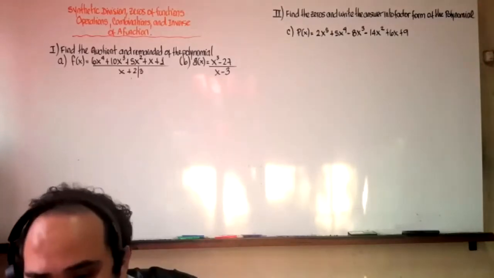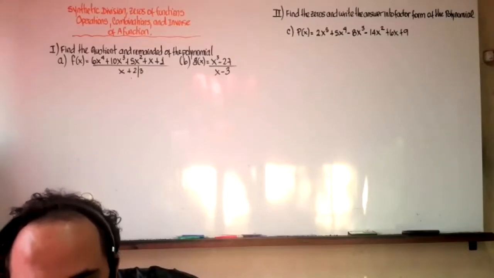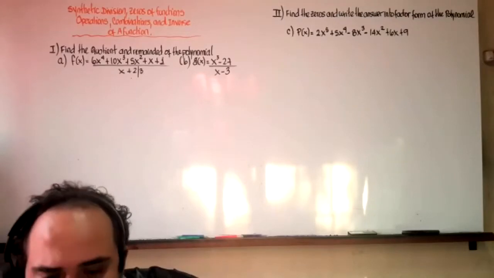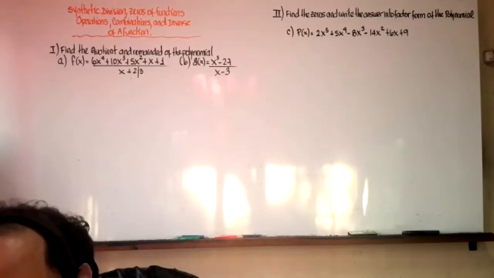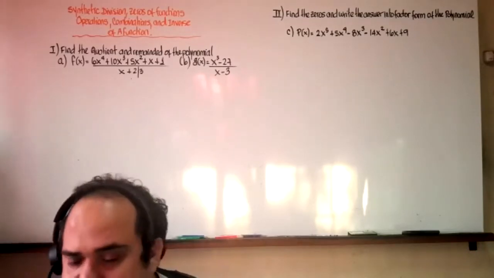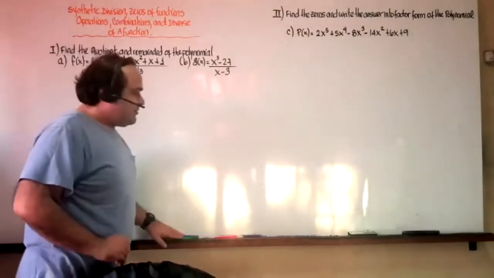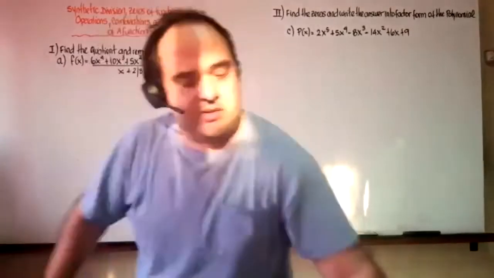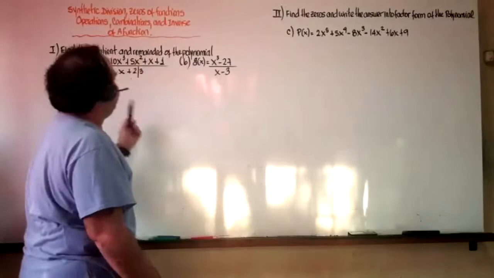So we must look for the quotient and remainder by means of synthetic division. Remember, we apply synthetic division because the denominator has the form x plus c or x minus c. So what will be the first step? Remember, in synthetic division, the first step is always to determine the value from the asymptote.